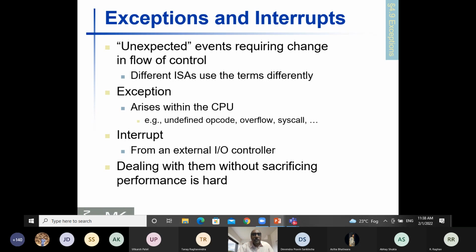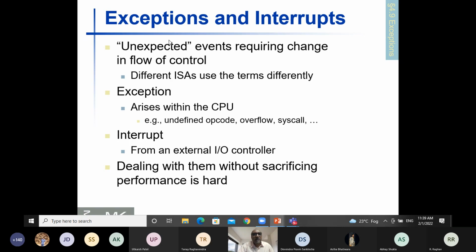Those are generated within the processor, so they are known as exceptions. And if a program is running and there are some external inputs or external requests, like from a keyboard or an IO device, or a power failure or some hardware failure, those can be viewed as interrupts.